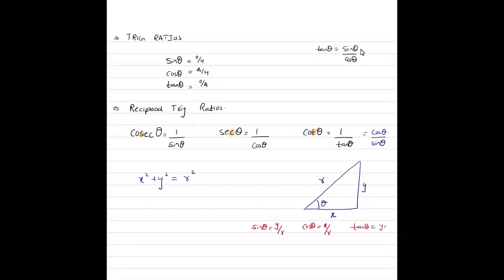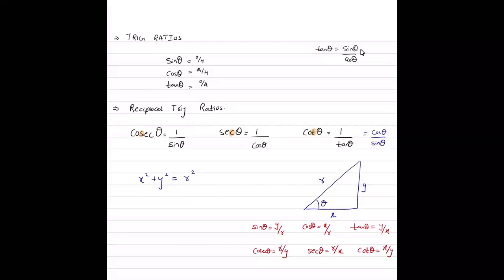So cosec theta would be equal to r over y, secant theta is going to be equal to r upon x, and similarly cot theta is going to be equal to x upon y.